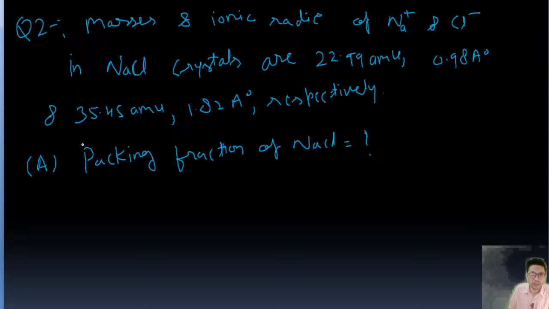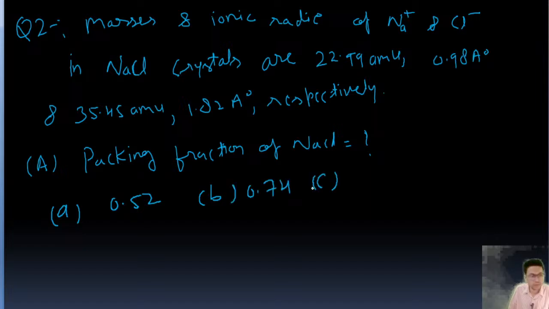The options are A 0.52, B 0.74, C 0.66, and D 0.34.